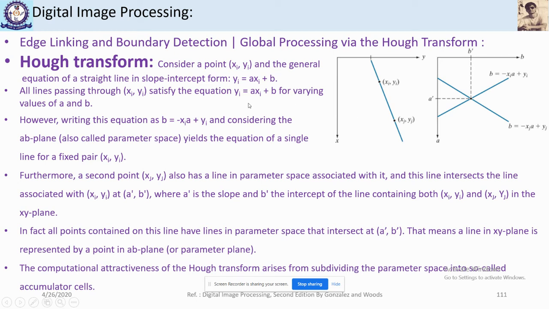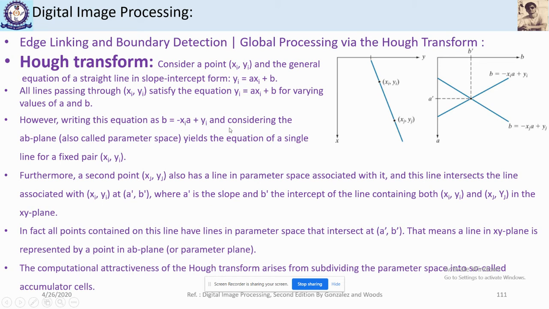However, writing this equation as b = -xi a + yi, that means if I move this term to the left hand side, then I get b = -xi a + yi.